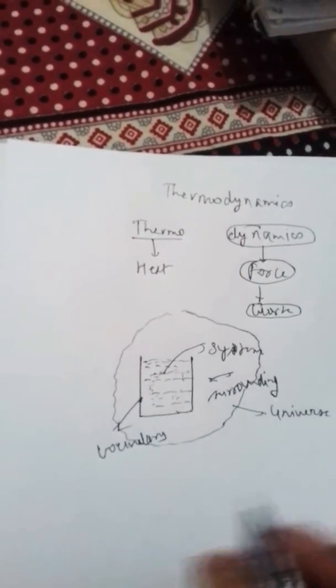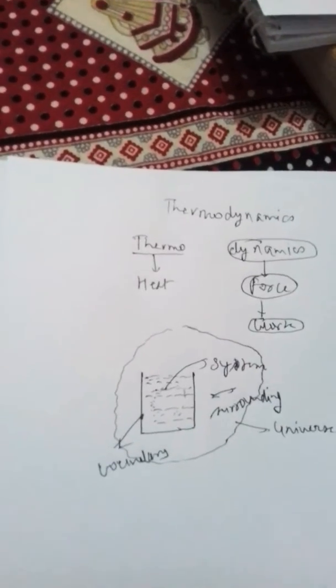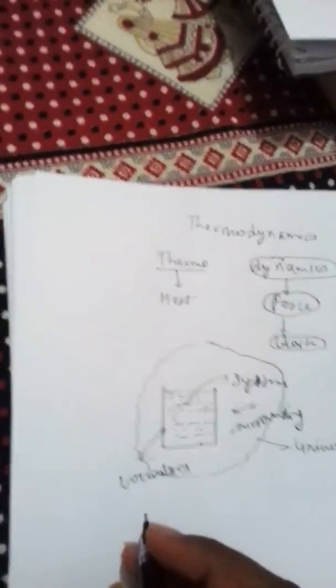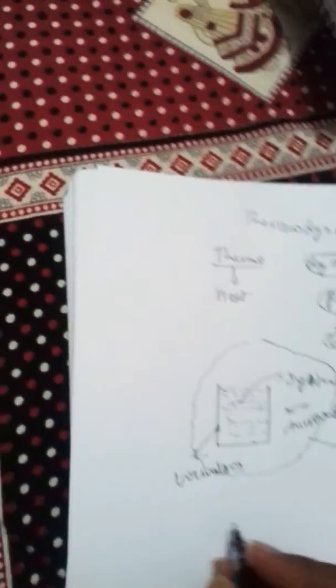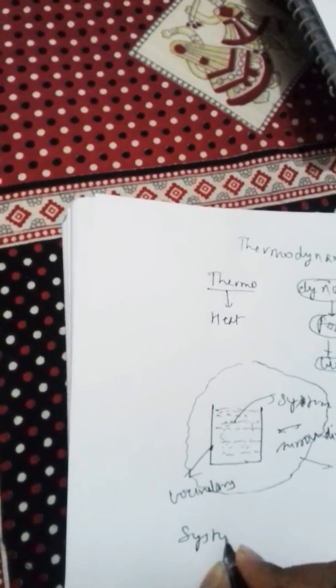Now there are system, surrounding, universe, boundary. Now we have types of system.